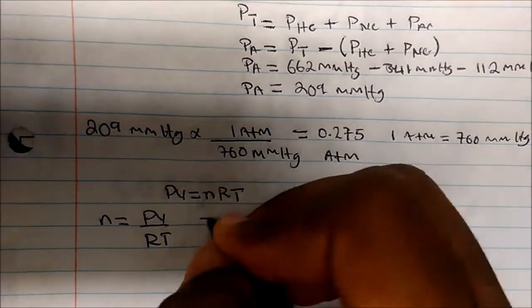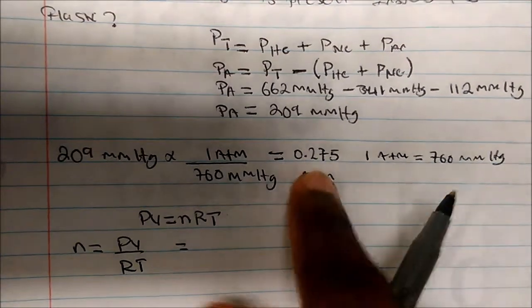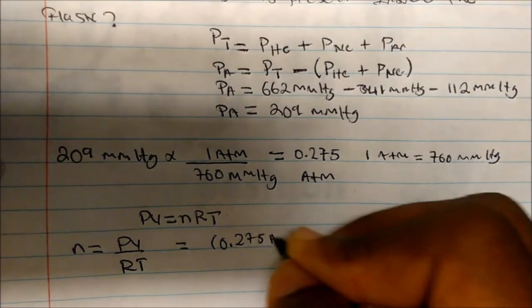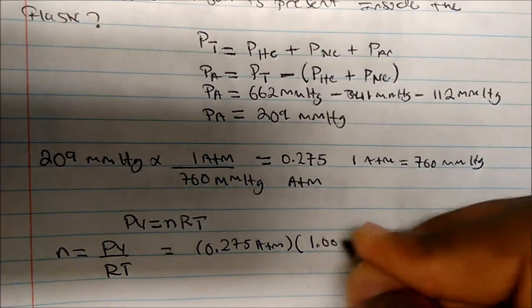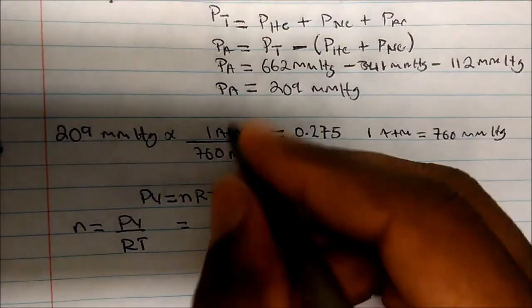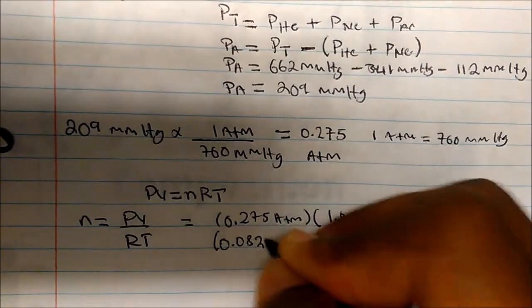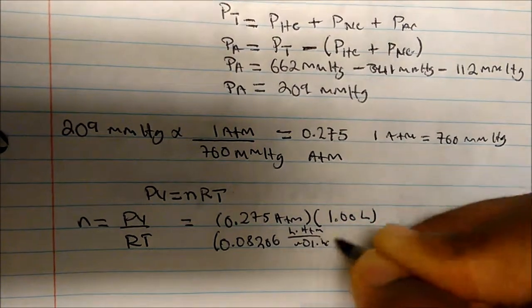Okay, and so if I plug everything in, well, what's my pressure? Pressure is 0.275 atm. The volume is 1 liter. Okay, R we know is the gas constant, so this is 0.08206 liter atmosphere per mole Kelvin.